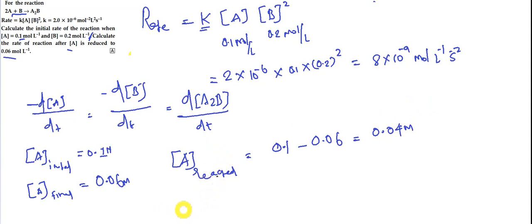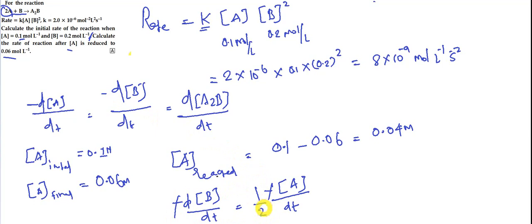Let us work out the concentration of B. We have to find it out from here. Concentration of A we got, so we have to find out the concentration of B. Let us write the equation. Concentration of B with respect to time is equal to concentration of A with respect to time, right? Here it is 2A, so it should be written as 1 by 2. The minus and the minus get cancelled.